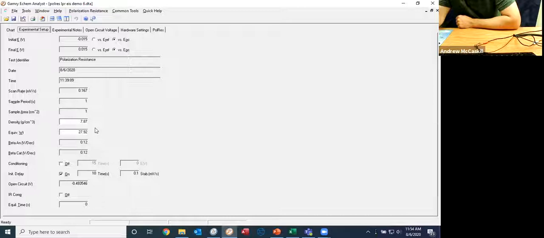If you make the assumption that it's a uniform surface and everything's corroding at the same time, you're selling yourself a little bit short. You definitely want to take a look at what material in the alloy or your mixture is actually contributing most to the corrosion. And maybe they are all equal, but you still should scrutinize that. There's a couple different ways you could get to that answer.